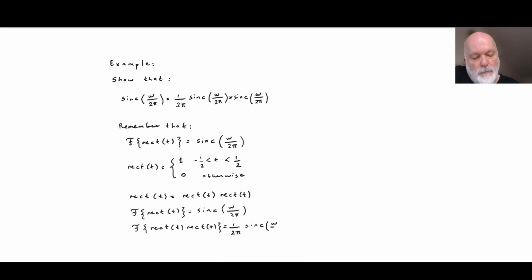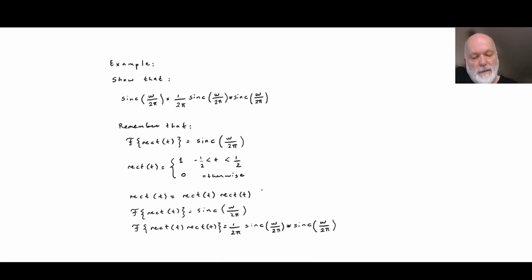Sinc omega over 2 pi convolved with sinc omega over 2 pi. So we get the result.